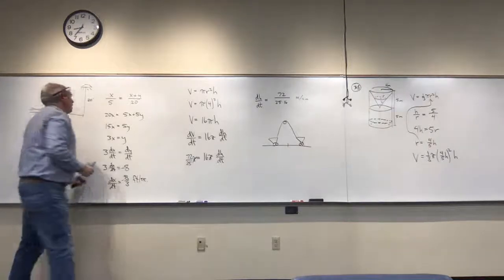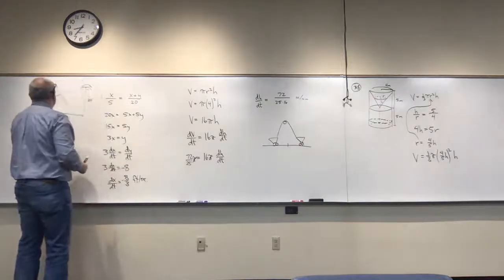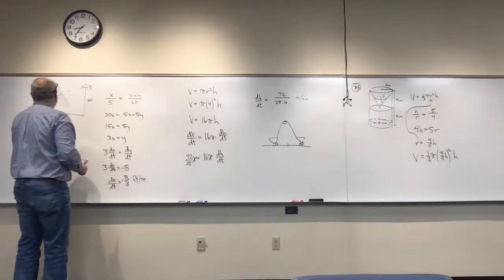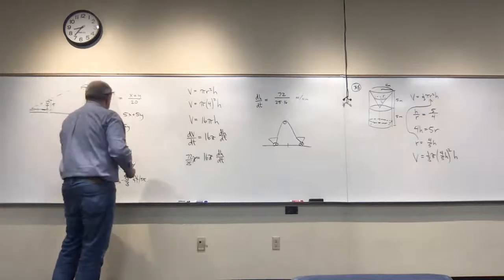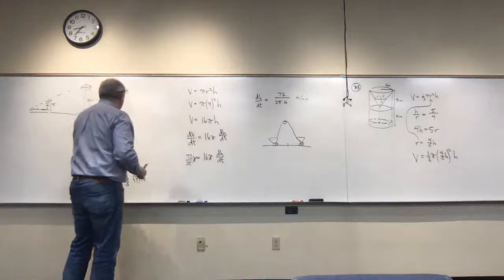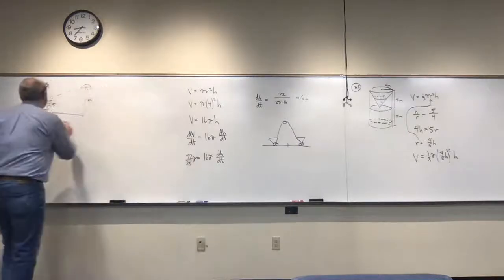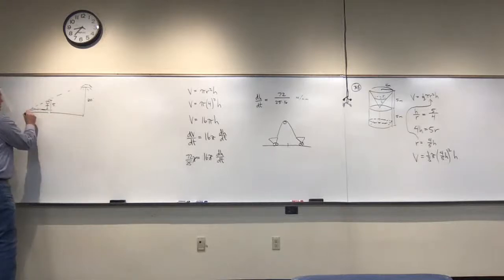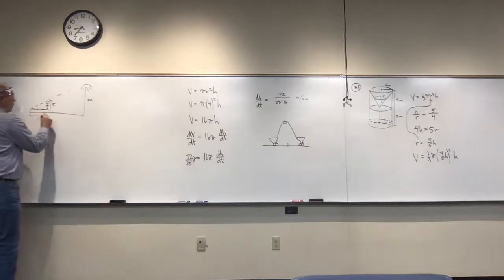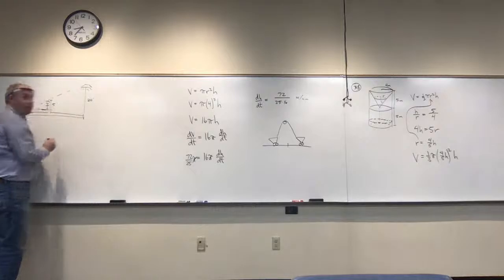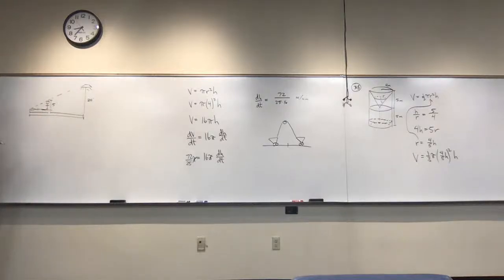Well, I would just change how I set up my variables. So instead of making that x and y, I would just make the distance from here all the way to here one variable. Let's call it x.